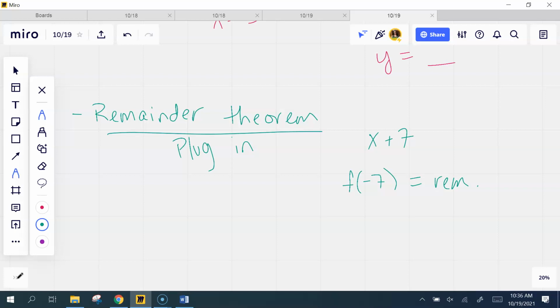I'm going to use like ones or twos. The point is that you understand remainder theorem means plug in to get the remainder. I'm not going to let you think on calculations here. That's not the point of this.